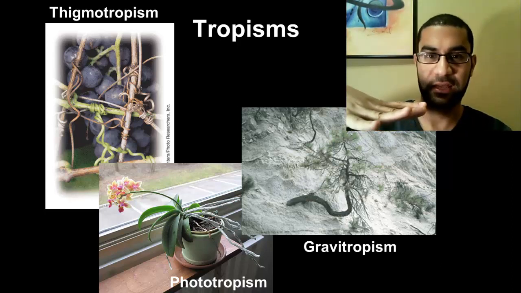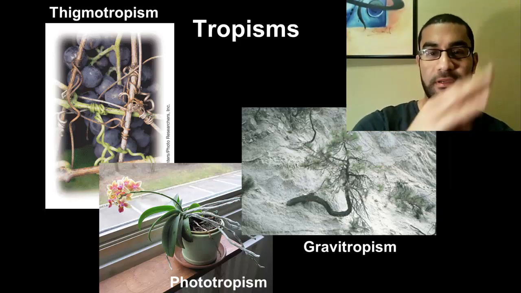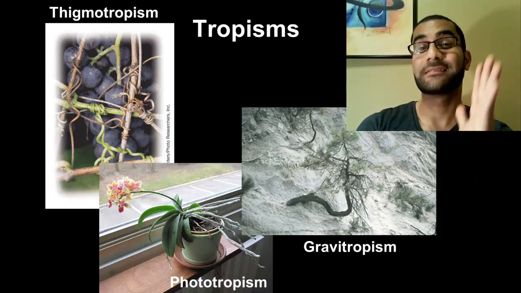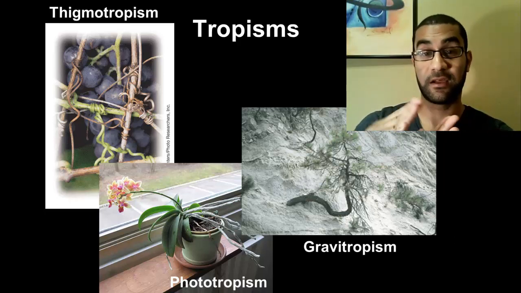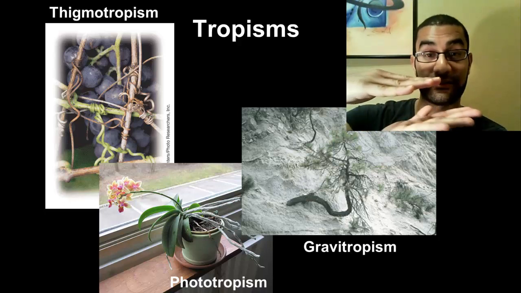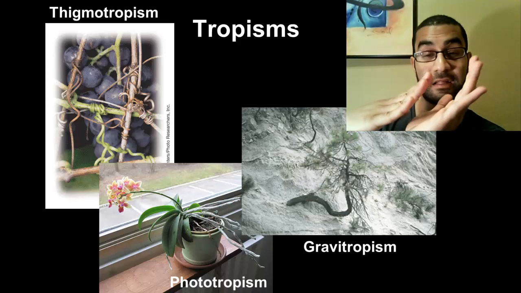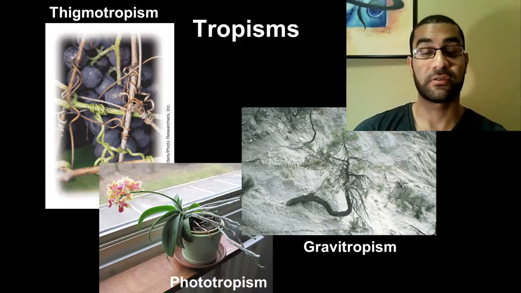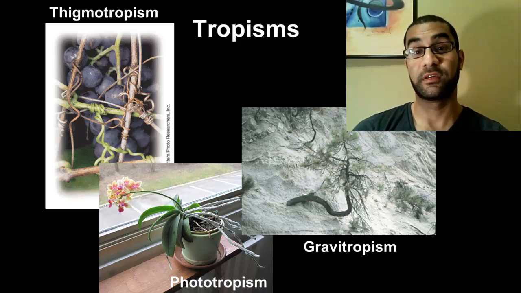Even if it starts sideways, it'll manage to get upright because of this natural reaction of stems to grow upward against the force of gravity. And again, auxins play an important role. These ones here on the bottom are going to grow faster than the ones on the top to slowly allow for that bend to get it back upward and into that upward direction. So that's called gravitropism. Tropism due to gravity, which means it's moving upward.